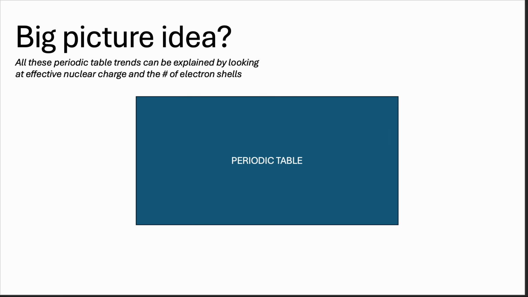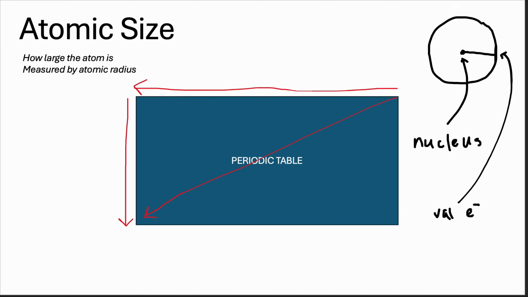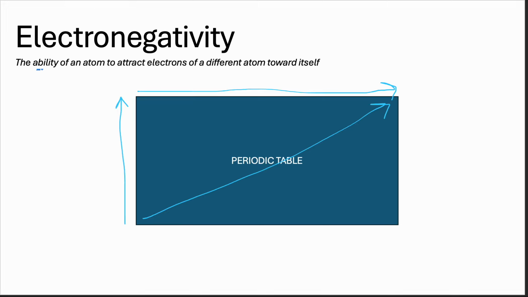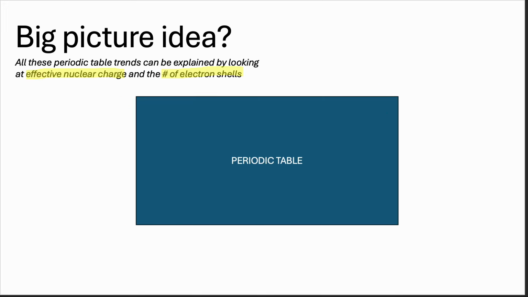So what is our big picture idea? One thing that's really important to understand is that all of these periodic table trends can be explained with effective nuclear charge and the number of electron shells. So we have to be able to understand atomic size, ionization energy, and electronegativity from the perspective of these two things and how they relate to those trends.